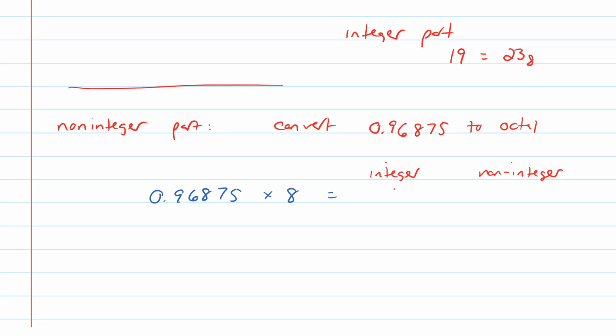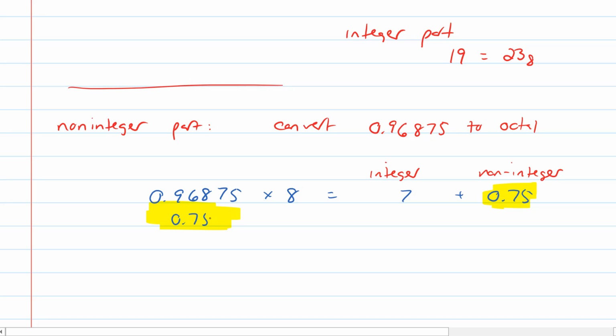So I'm going to write that as 7 plus 0.75. The non-integer part gets repeated below, and we repeatedly multiply that by 8. So you get 0.75 multiplied by 8 gives 6, plus 0 left over, so that it gives only an integer and there's no non-integer part.